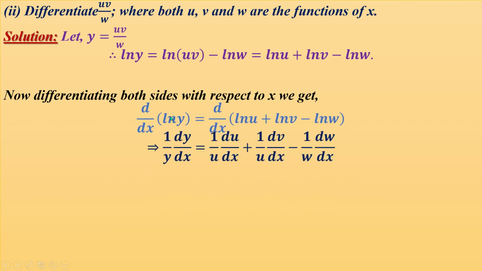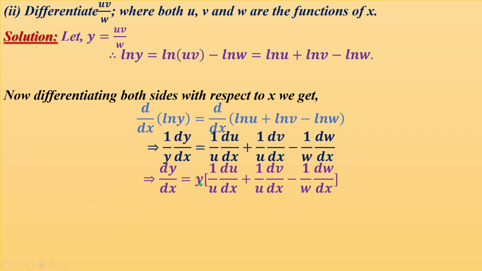Now this equals 1 by y dy/dx, here 1 by u du/dx, that means the derivative of u with respect to x, here 1 by v derivative of v with respect to x, and here 1 divided by w derivative of w with respect to x. Clear? Now cross multiplication, that means here will be y and the other part the same.